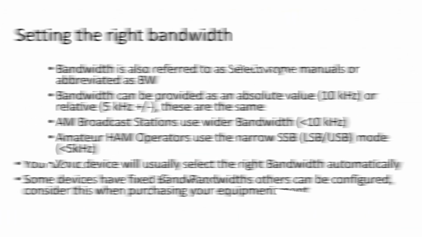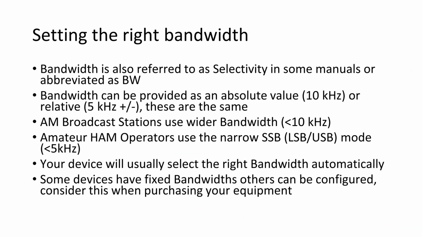And finally, here's some important information about bandwidth. Bandwidth is also referred to as selectivity in some manuals, or abbreviated as BW. Bandwidth can be provided as an absolute value, like 10 kHz, or relative, 5 kHz plus minus, these are the same.